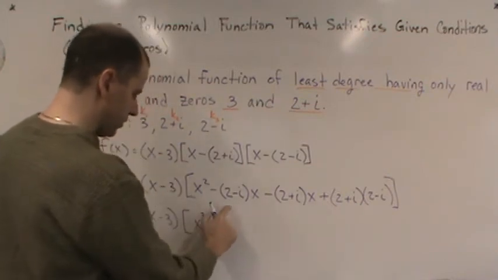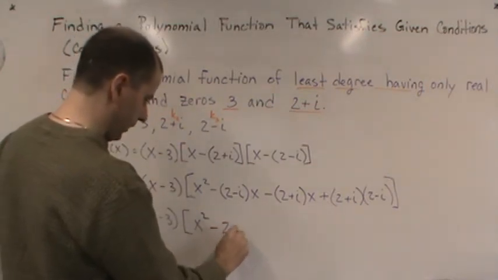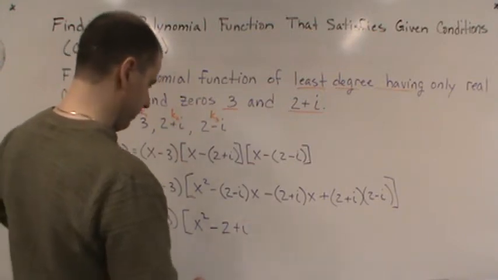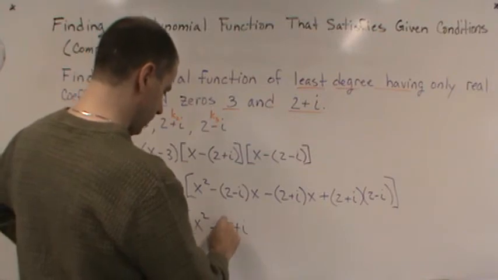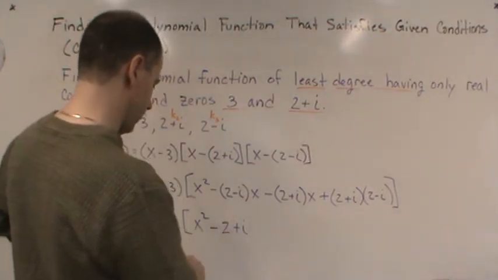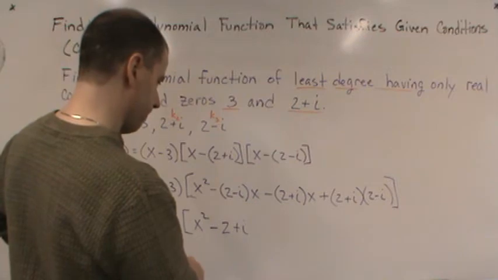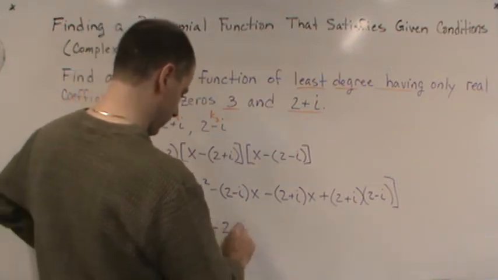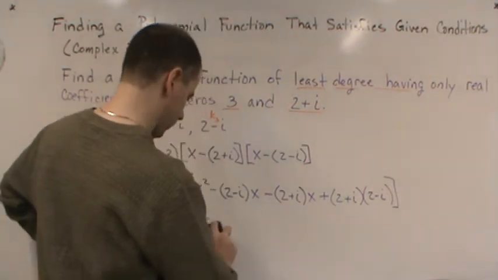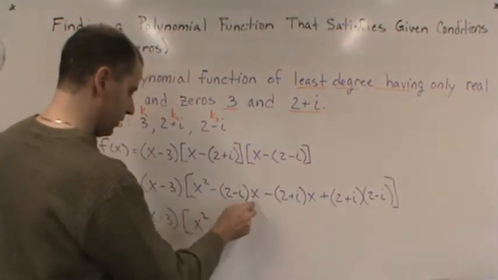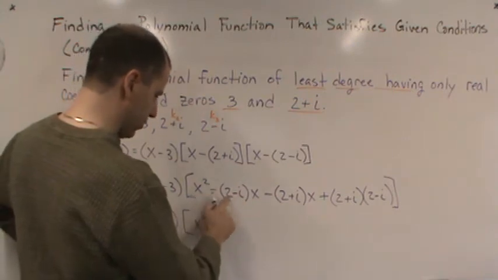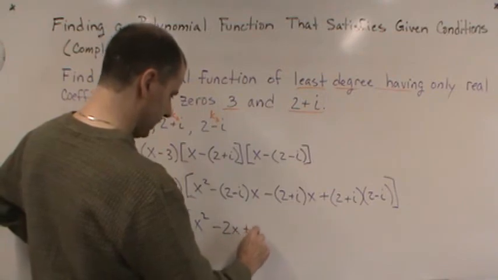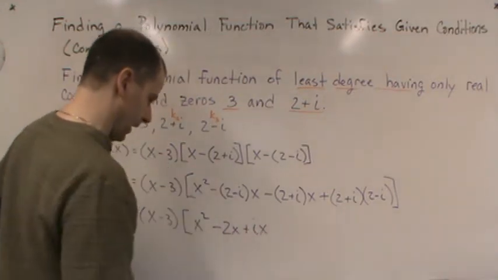This is going to be a minus 2 plus i. So I'm going to distribute the x, and then distribute the minus sign. So I'm going to get minus 2x plus i times x.